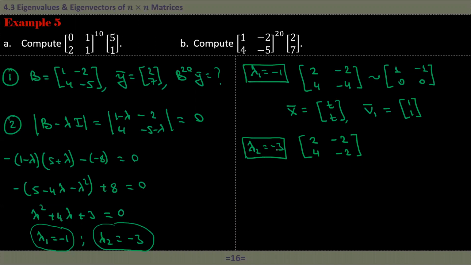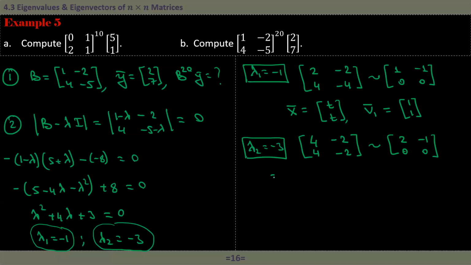Let me check again. It should be 4, -2 in both rows, exactly the same rows. You can multiply the first row by negative 1 and add it to the second row, and here we have a 0 row. Multiply the first row by 1 over 2, so here we have 2, -1, 0, 0.